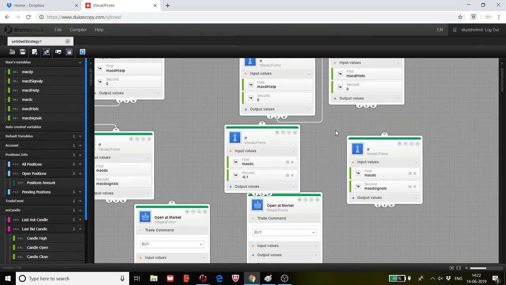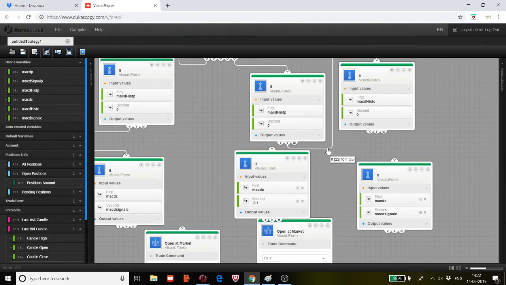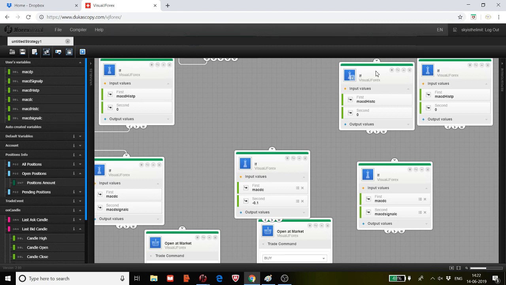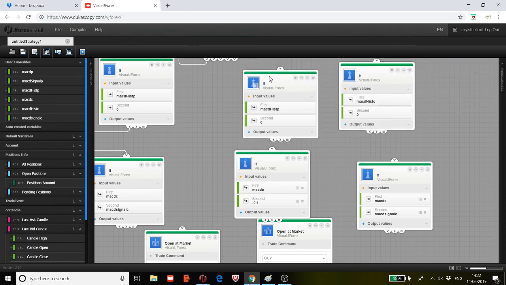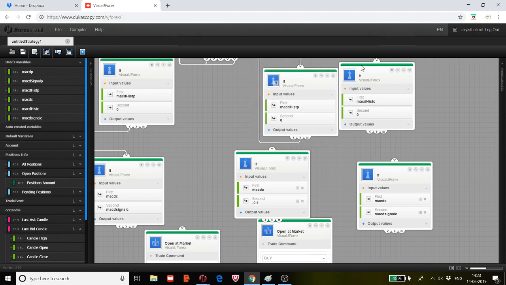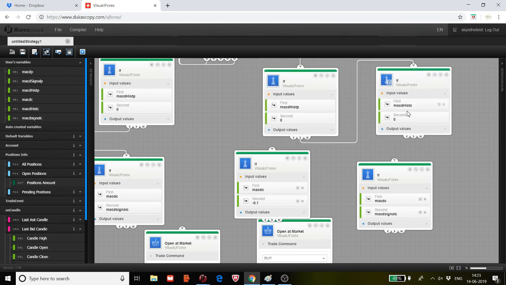MACD histogram. So I will rearrange the block. It should be greater than 0 and current value should be below 0. Yes, it is right. Should be below 0. First input less than second input.